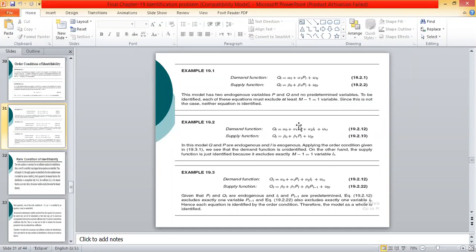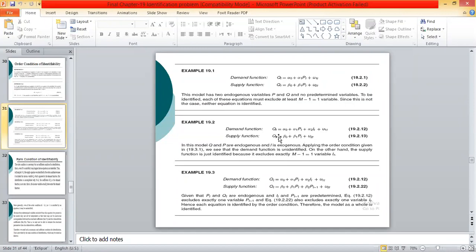So it means the demand function excludes nothing. So the demand function is unidentified, because for an equation to be identified, it must exclude at least m minus 1 variable. And in this case, m minus 1 equals 1.